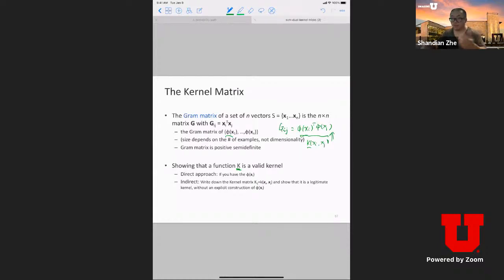But now we do not know that, we just want to check it. So if we can show that for any finite set of vectors, the kernel matrix is always positive semi-definite, then we can conclude k is a valid kernel, namely it corresponds to some feature mapping. That's the idea.